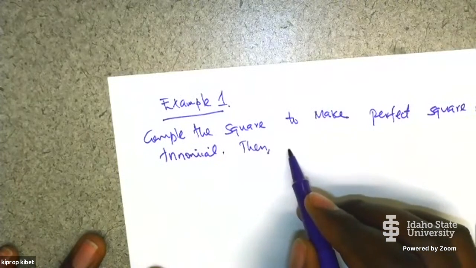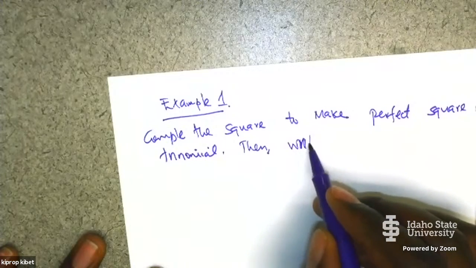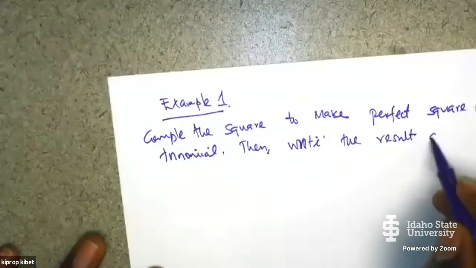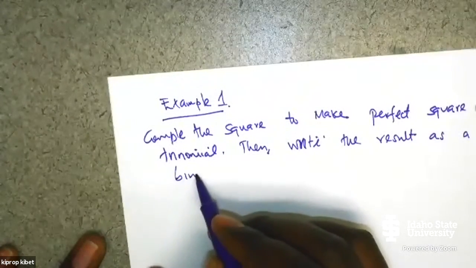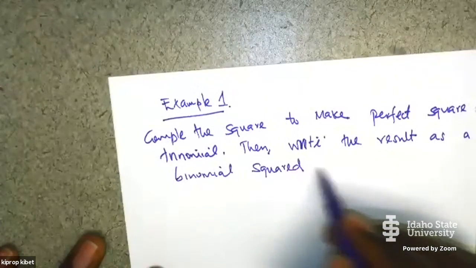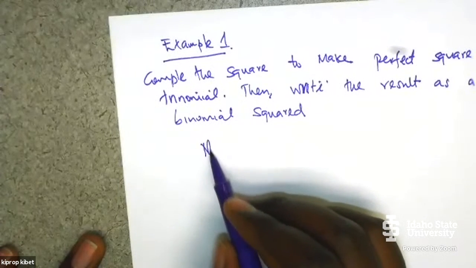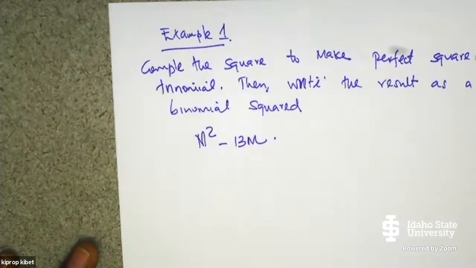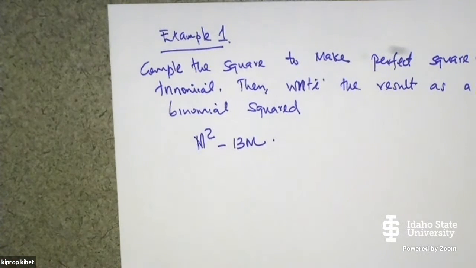Then write the result as a binomial squared, of this one, m squared minus 13m. Now complete the square, make a perfect square, then write the result as a binomial.